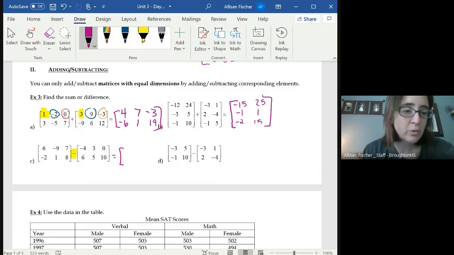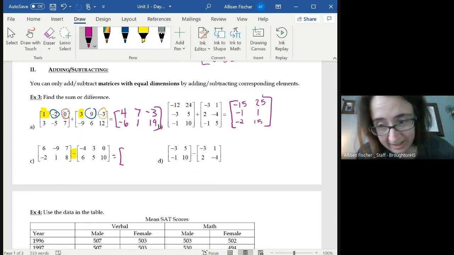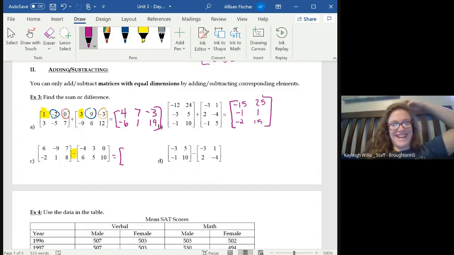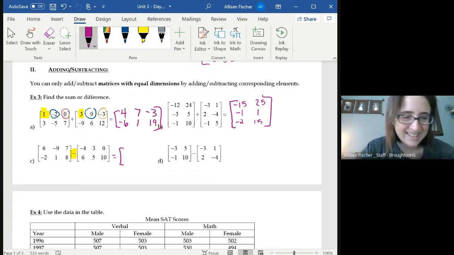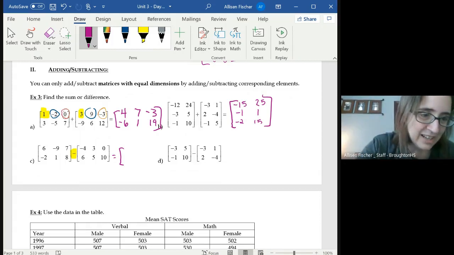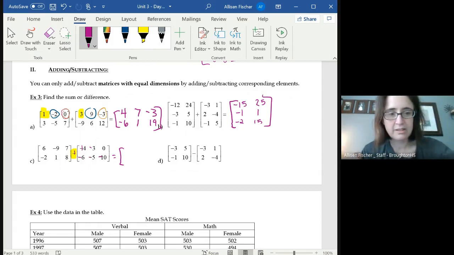So if you want to show your work, you do the whole keep, change, change business. To keep, change, change, you want to keep the first matrix the same, change this to a plus, and then change the signs of everything in the second matrix.